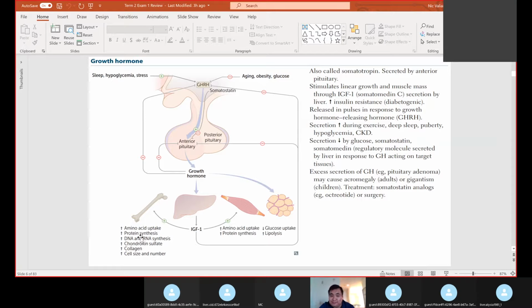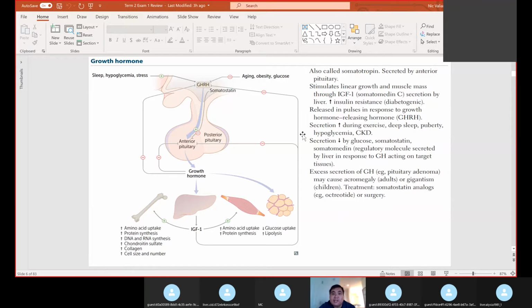Look at the image. The answer is there, right in front of you. It is only insulin-like in amino acid production and protein synthesis. That's it. Think GH as anti-insulin. Why does it produce IGF? Insulin-like growth factor. It is only insulin-like in amino acid synthesis and protein synthesis.